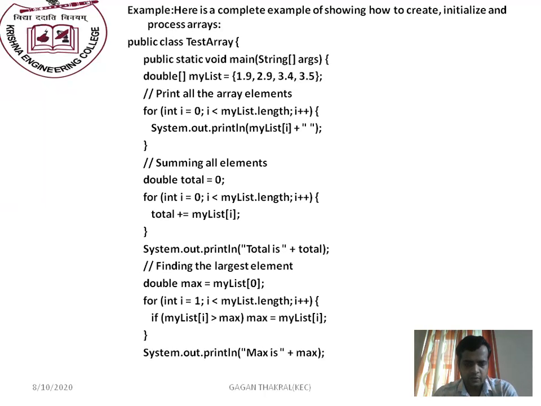Finally we print the maximum element as max. In this program, we initially print all the values of the array, then we perform the sum of all the elements, and finally we find the maximum value of the array. In the same way we are also able to calculate the minimum of an array.